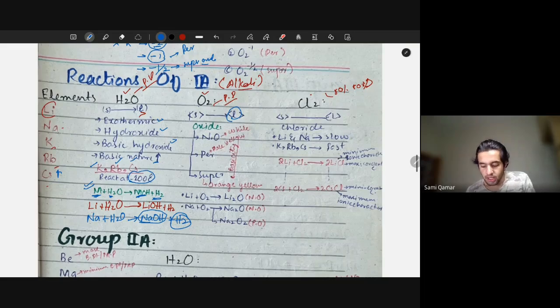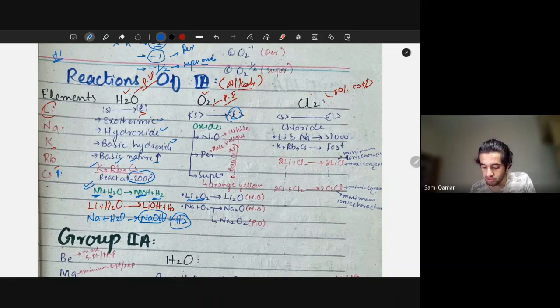Let's go over here. So we are going to form normal oxide. Lithium is going to react with oxygen, and it is going to form normal oxide. Because lithium has one valence electron and it is electropositive, its oxidation number is going to be +1. You guys need to remember these, okay?